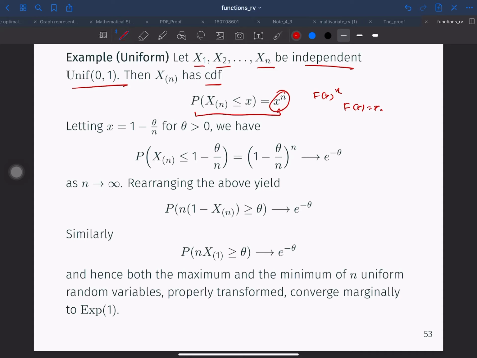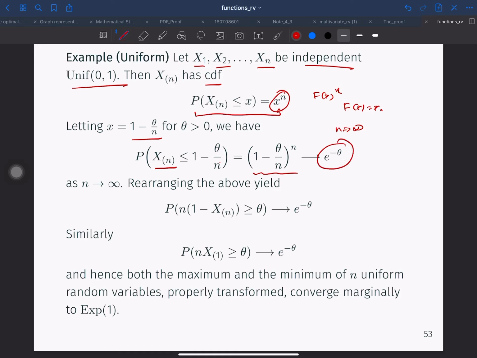So if I let x be 1 minus theta divided by n, then the probability that the maximum is less than 1 minus theta divided by n is simply this quantity to the power of n. And so as n goes to infinity, it converges to e to the minus theta.